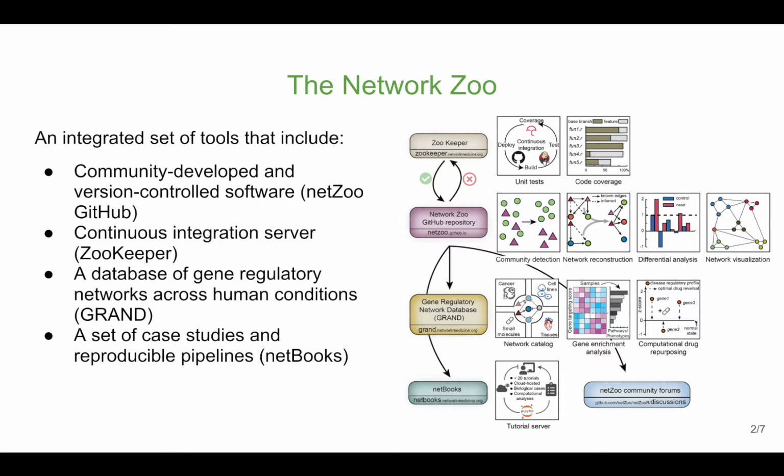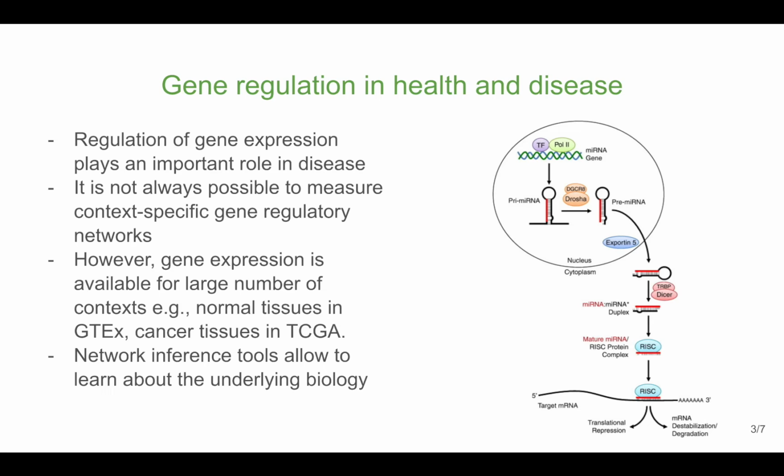These use cases are annotated and curated with additional information about each step of the inference pipeline. And this is motivated by the importance of gene regulation in health and disease.